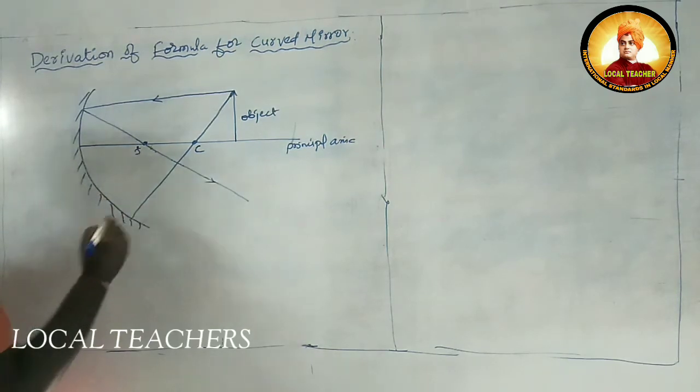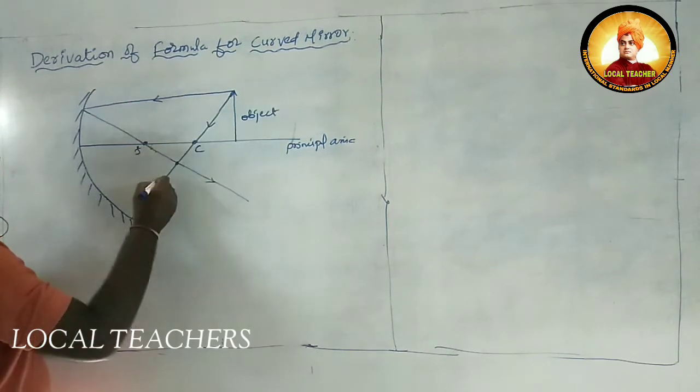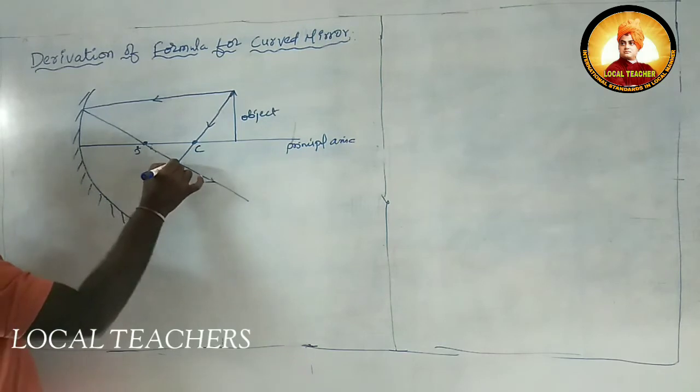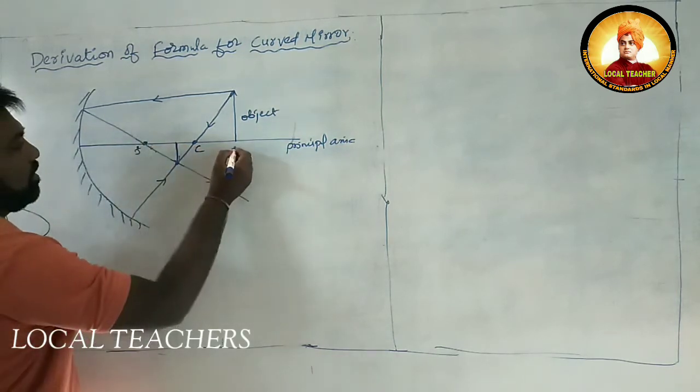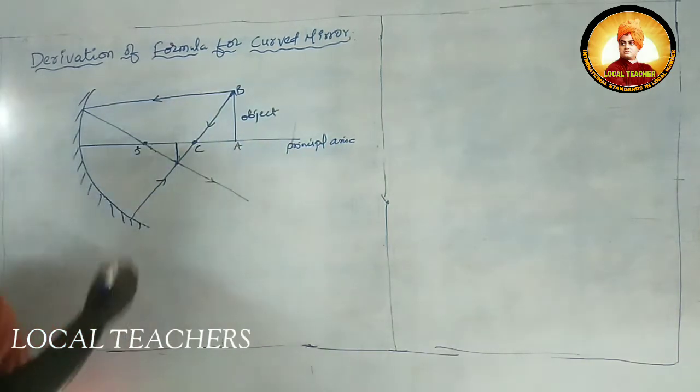The intersection of these two reflected rays happens at this point. So here the image is formed. Consider the object is AB.